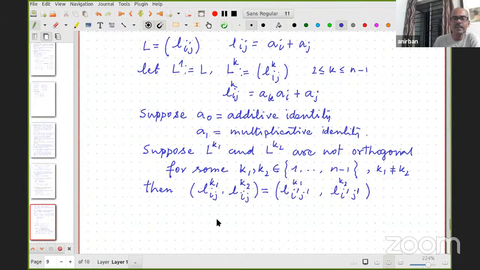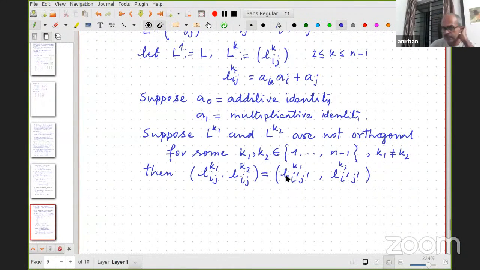So I'm simply saying that when we compose these two together, the ijth entry and the i prime j prime entry are the same.